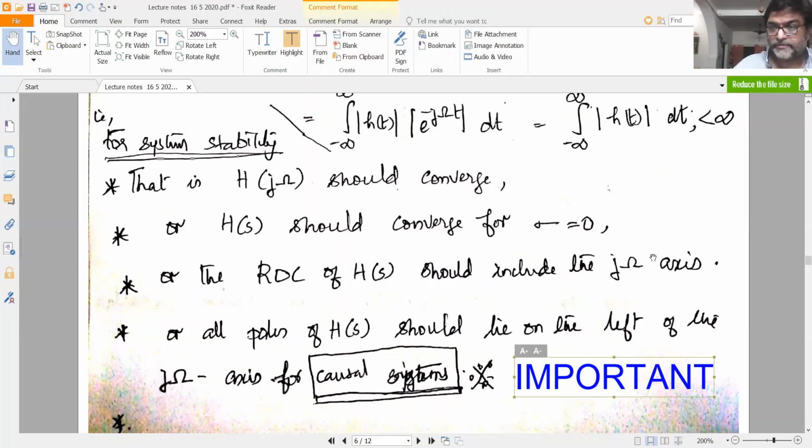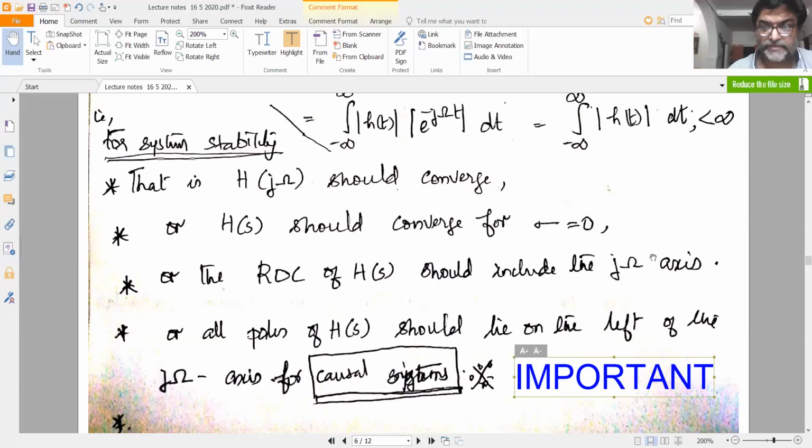Suppose the system is an anti-causal system, so that you do not get for temporal systems. All temporal systems have to be necessarily causal, that we already saw, because the practical realizability condition is causality. The output cannot anticipate the input for a temporal system.